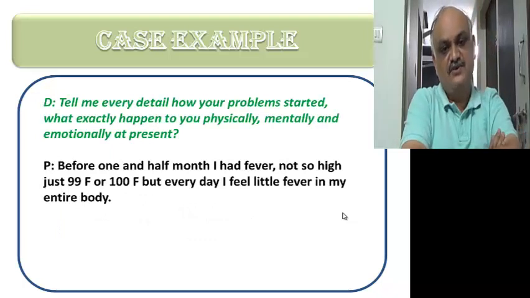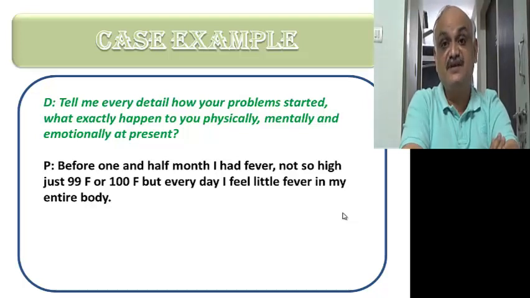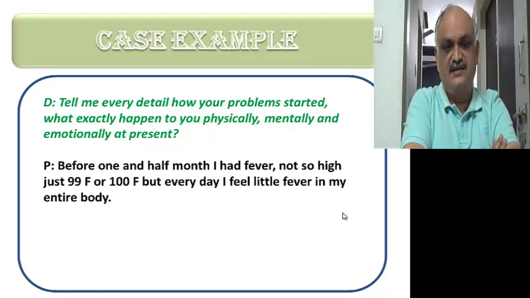So I asked the first question: tell me every detail of how your problem started, what exactly happened to you physically, mentally, emotionally. He replied, before 1.5 months I had fever. Not so high, just 99 or 100 Fahrenheit, but every day I feel a little fever in my entire body.